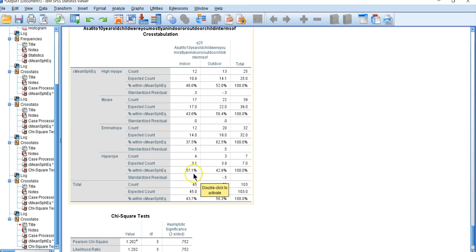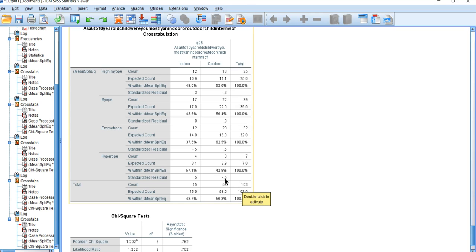So if you multiply this observed 7, which is the total, times the marginal total of the column, 7 times 58, divided by the total 103, you will get this expected value. The observed 3 minus 3.9 divided by the square root of 3.9 is the standardized residual.